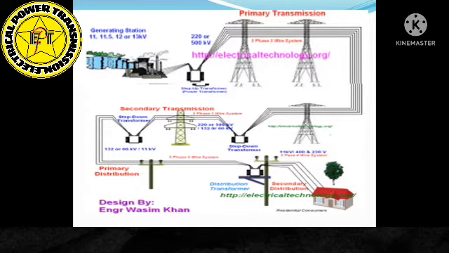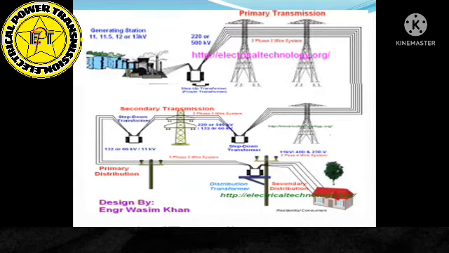So you remember why I am including 132 in both primary and secondary transmission. It depends upon the practices of your utility. If they include 132 in primary transmission, okay. If they say no, I include only 220 and 500 kV in primary transmission, and I include 132 in secondary transmission, then okay.